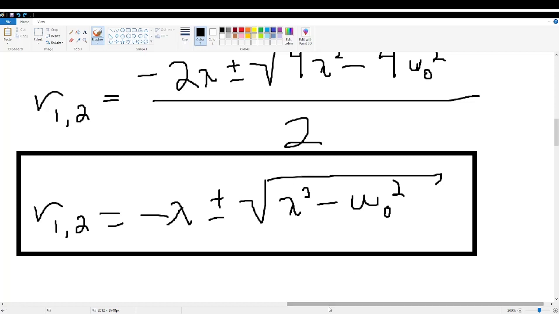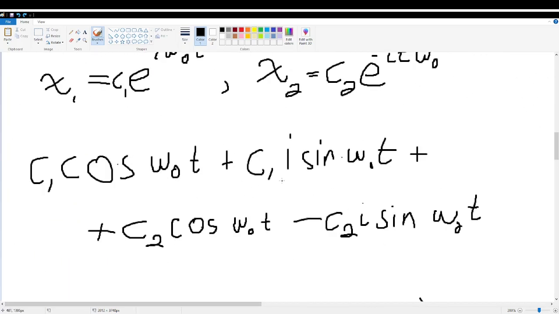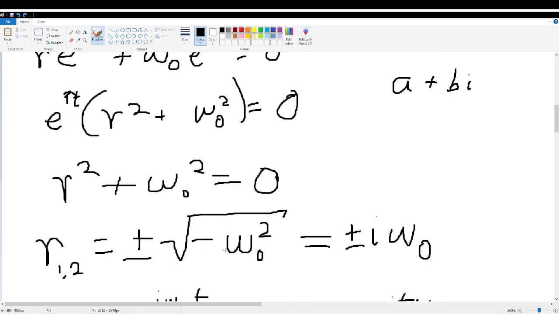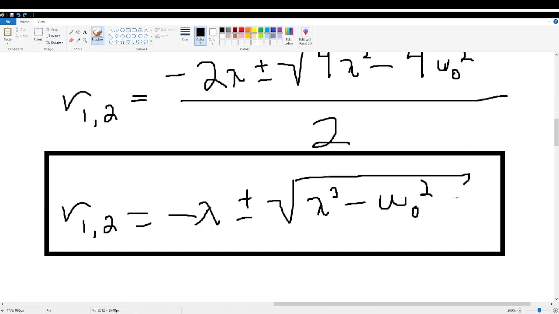Remember from the previous example, what caused these sines and cosines to appear is this i term. And this i term occurs when the value under the square root is negative, right? If that was positive, there's no way an i is getting under there, right? Unless it began complex, but we don't worry about that case.